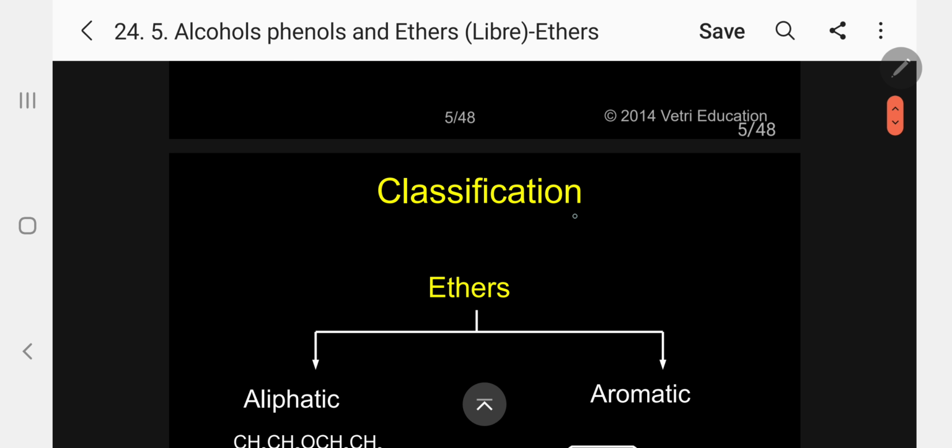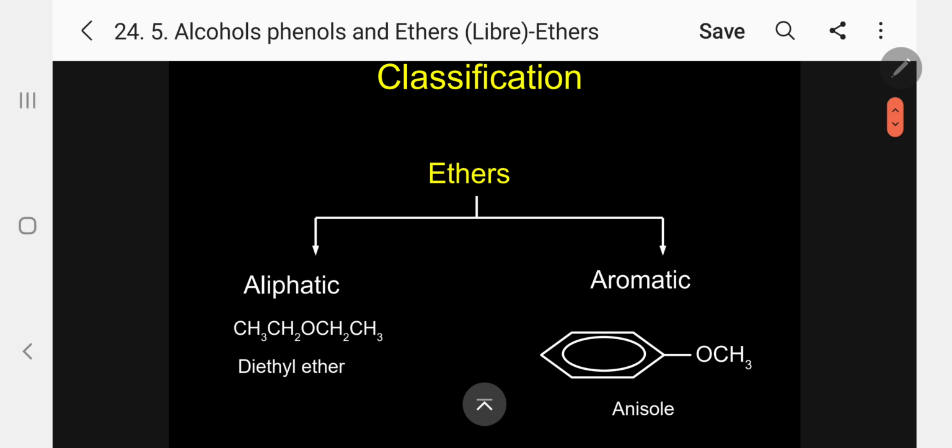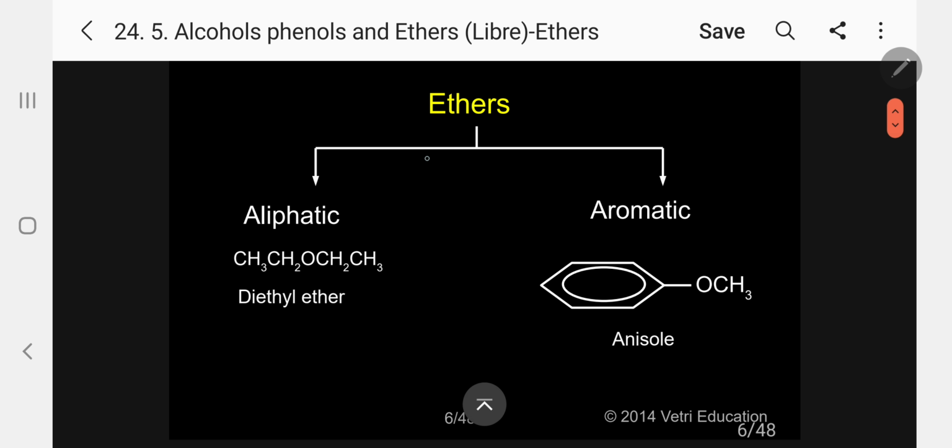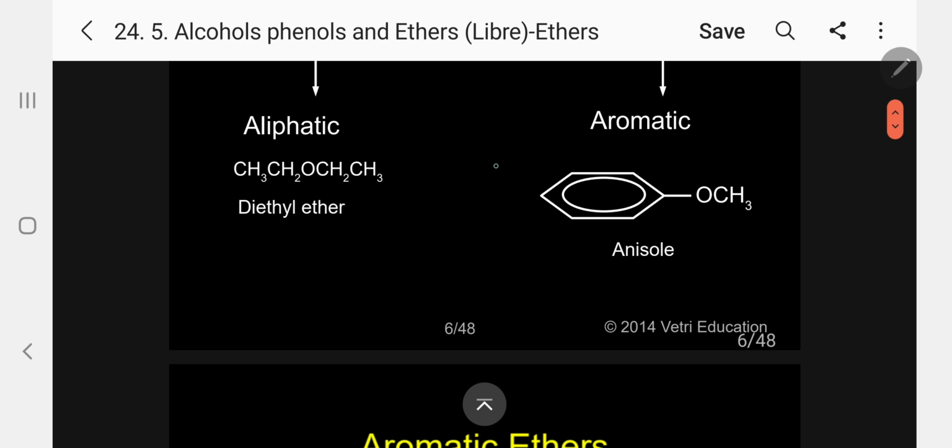Let me give specifically the examples under each classification. For aliphatic ether, I am giving the example diethyl ether. Common name, IUPAC 1-ethoxyethane. For aromatic ethers, this is methoxybenzene or Anisole. Kindly follow. This is alkyl.